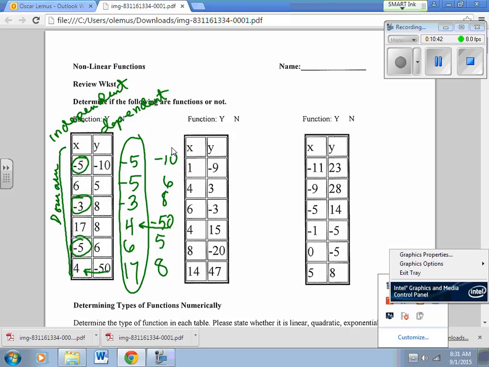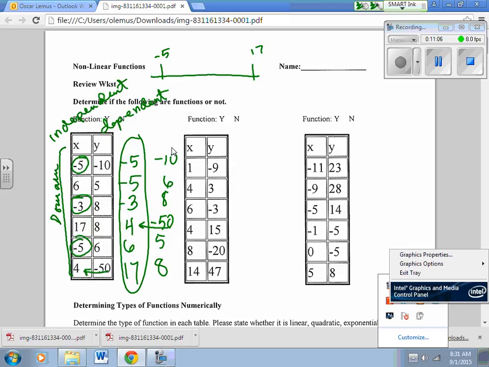All right, so if I look at the graph of this problem, do you notice that the furthest value on the X is -5 on the left, and the furthest on the right is 17? What that's telling me is the domain on the table is from -5 to +17.